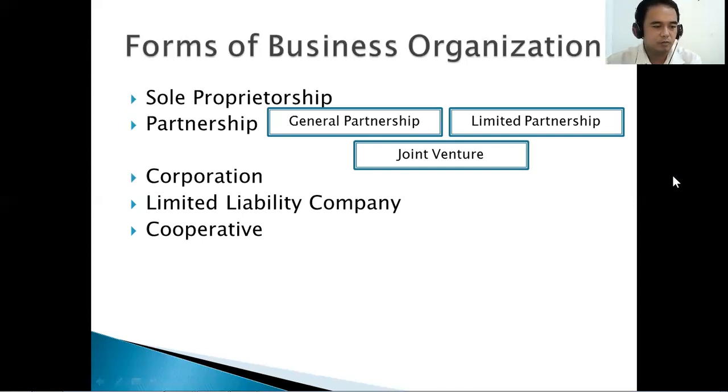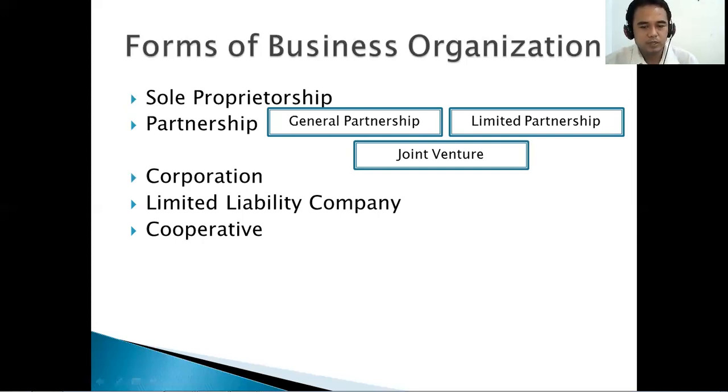And what about a cooperative? A cooperative is a business organization owned by a group of individuals and is operated for their mutual benefit. The persons making up the group are called members.